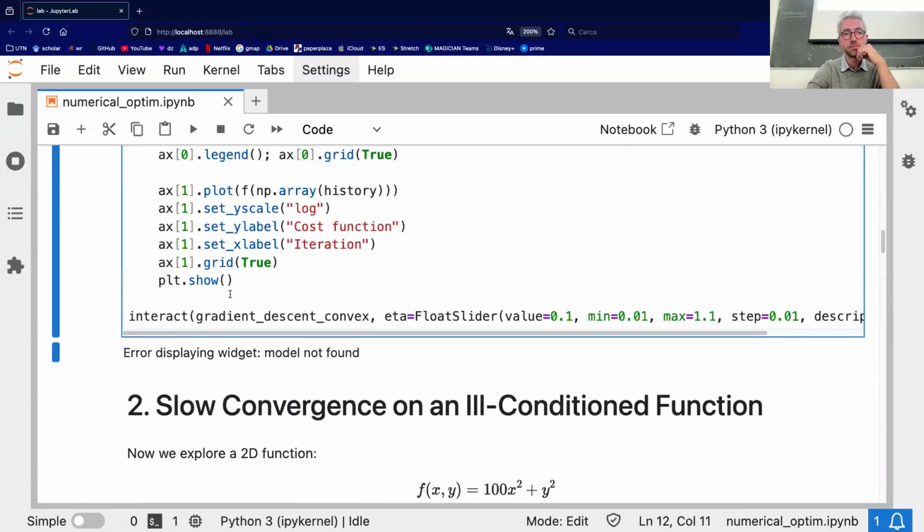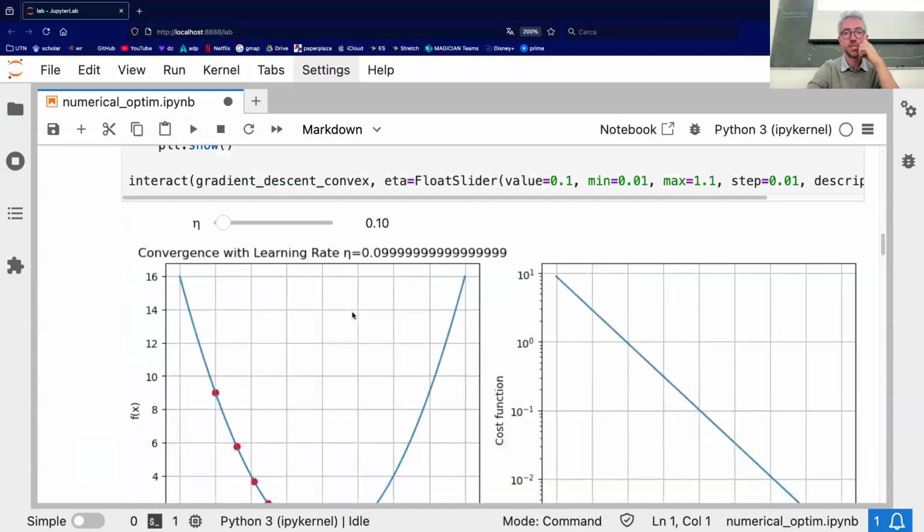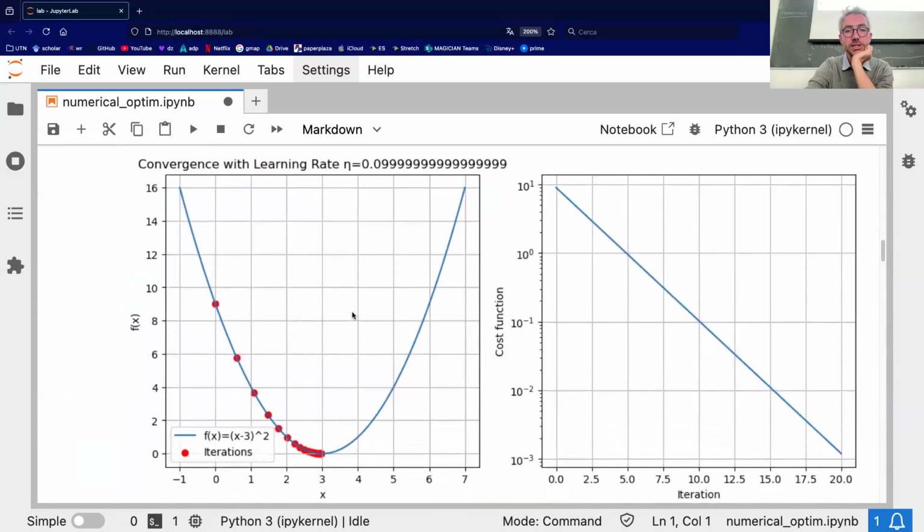I hope that works. Okay, it does work. So here you can see two plots. The plot on the left shows the function f of x, which is a quadratic function, so of course it looks like a bubble. And I can see in red all the values of my iterations.